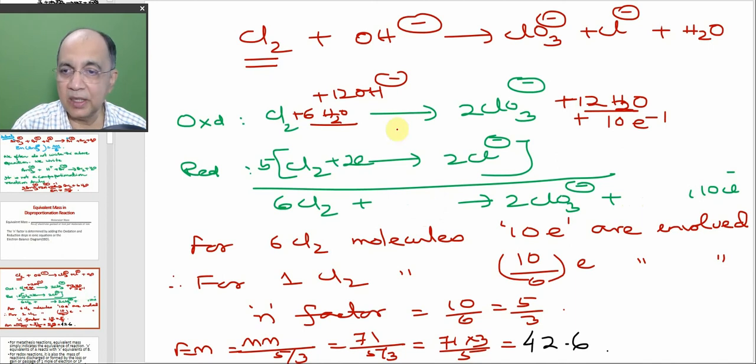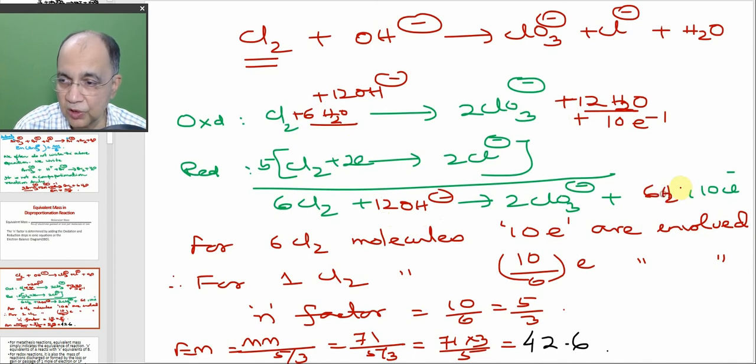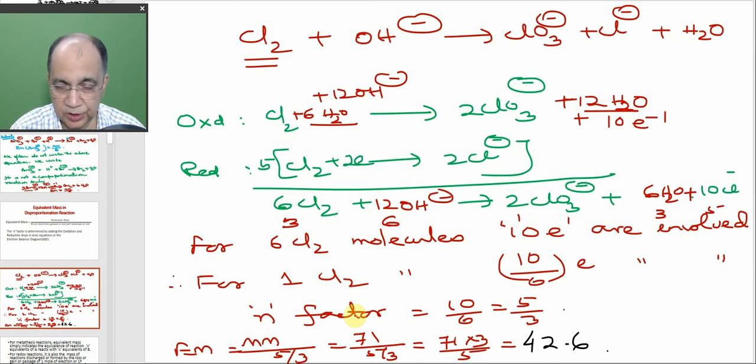So the net OH minus ion will come on the LHS. 12 OH minus ions here, and 2 chloride ion, and the total water molecule left out is 6 water and 10 Cl minus. So this is the balanced equation, and you divide by 2 throughout. This will be 3, this will be 6, this will be 1, this will be 3, this will be 5. So this is the final.